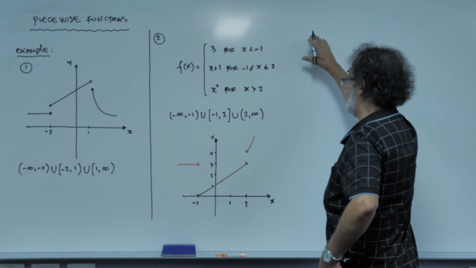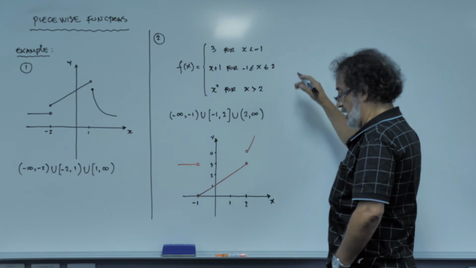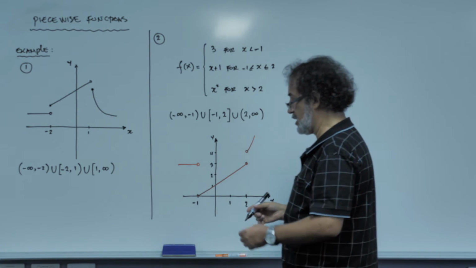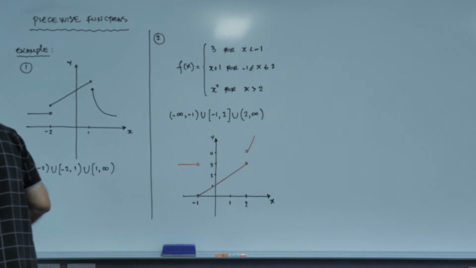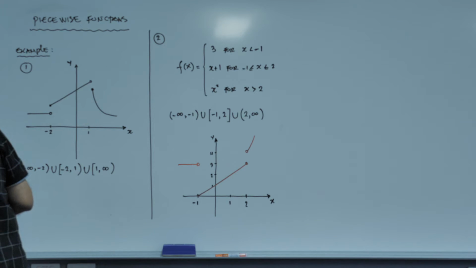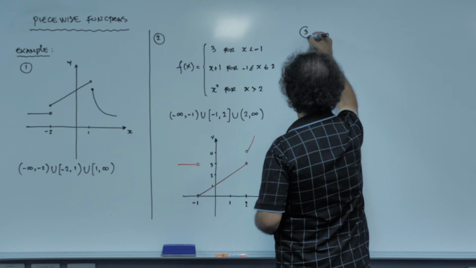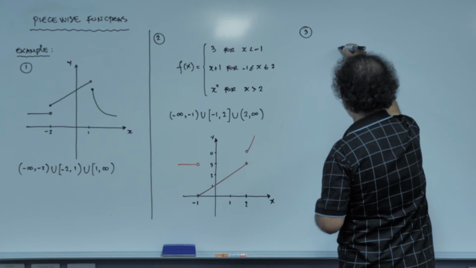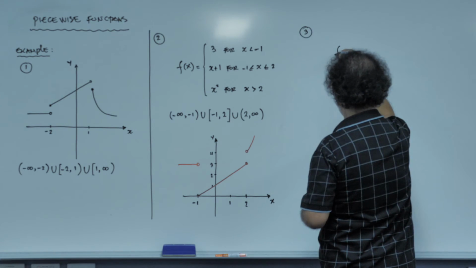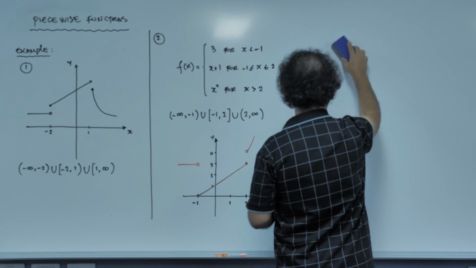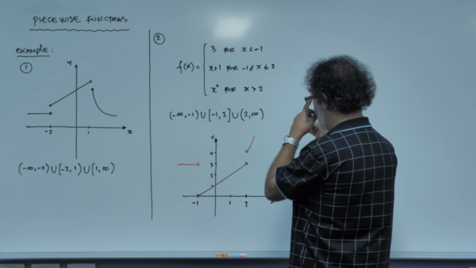This is what we mean by piecewise function. I'm going to put another equation, and you're going to have a go, and let's see how you go. By the way, before we do that, I really want you to evaluate this.